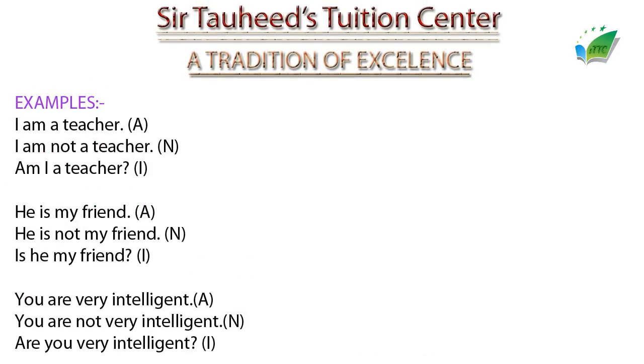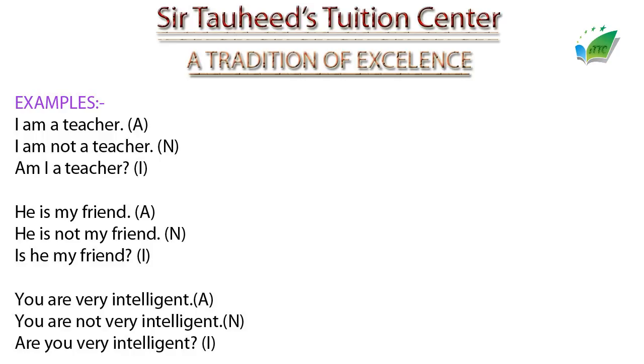So let's look at the example. Number one sentence is, I am a teacher. This is an affirmative sentence. You can notice here that the subject is I, which is the category of first person singular.